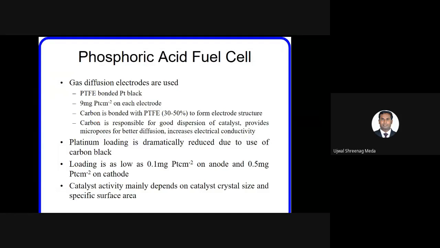And when it comes to the catalyst loading, it is expressed as grams per centimeter square. Here it is 9 milligrams of platinum per centimeter square. That is how you express the quantity of the catalyst material required to fabricate the electrode.